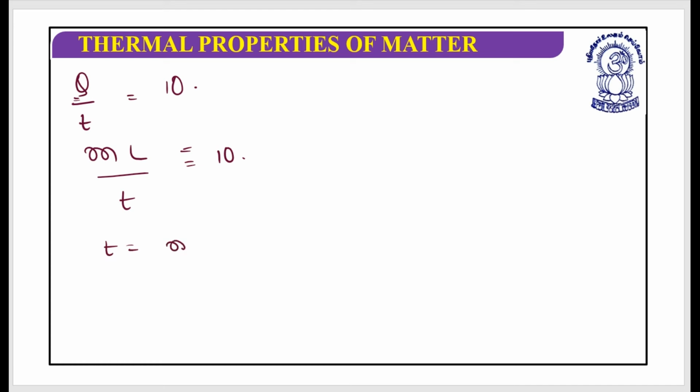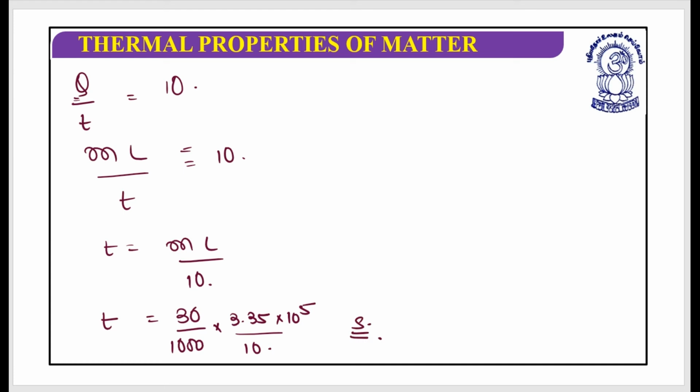So 10 is equal to mL by t. Mass is 30 gram, so it is 30 multiplied by L, which is 3.35 into 10 to the power 5, divided by 10. You need to solve this, and this many seconds would be required to melt this complete mass.